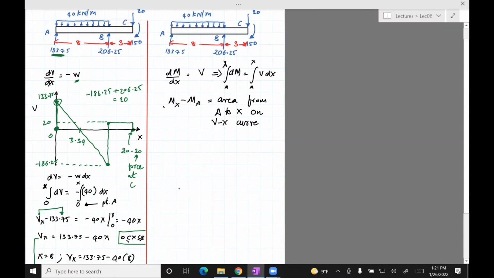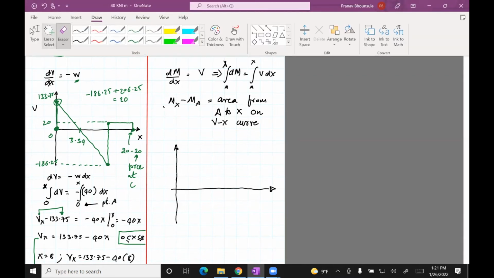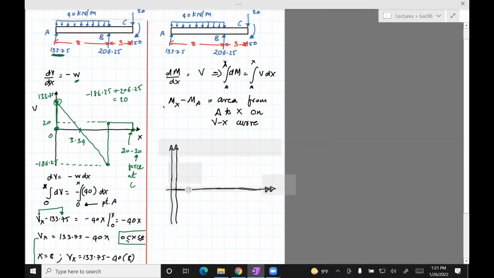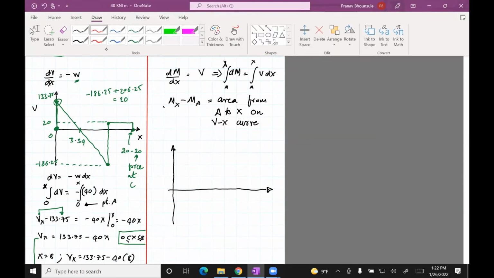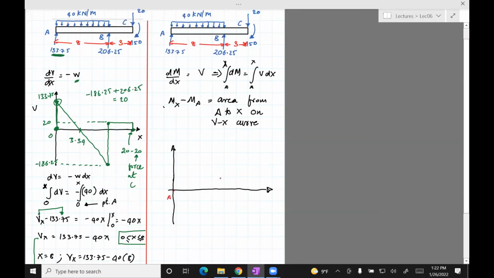Let's draw the axis. So this is the point A, and this is about where B is, and this is where C is.